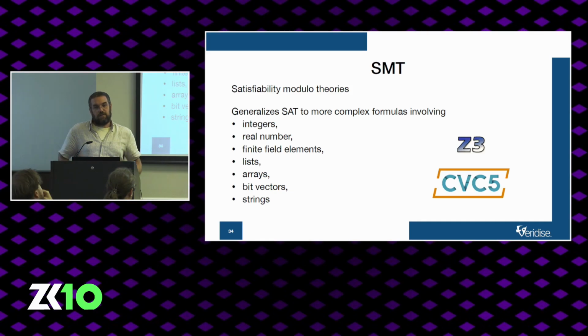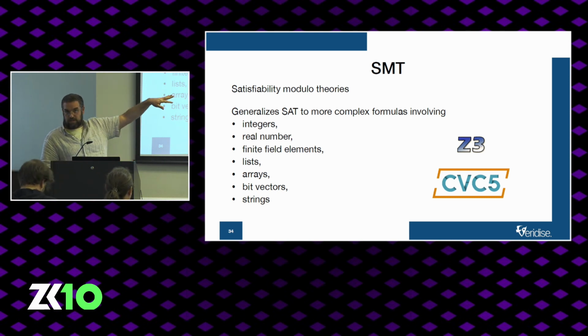This is what one usually studies under the umbrella of satisfiability modulo theories, which generalizes SAT to more complex formulas. You include an additional theory, depending on what you are doing. It could be the theory of integers, or of real numbers. In most cases for us, it will be the theory of finite fields, but you can have lists, arrays, and many other structures.